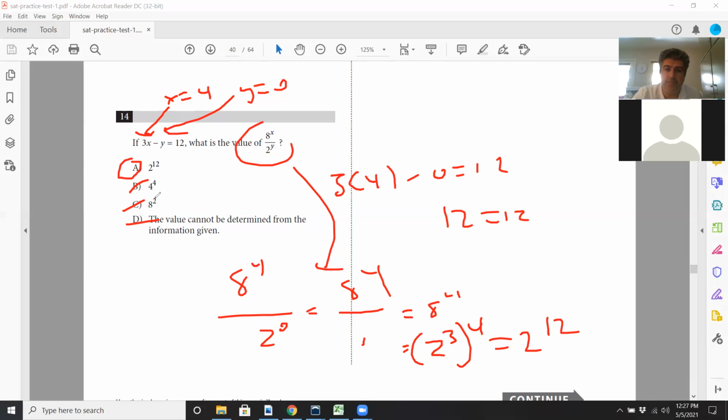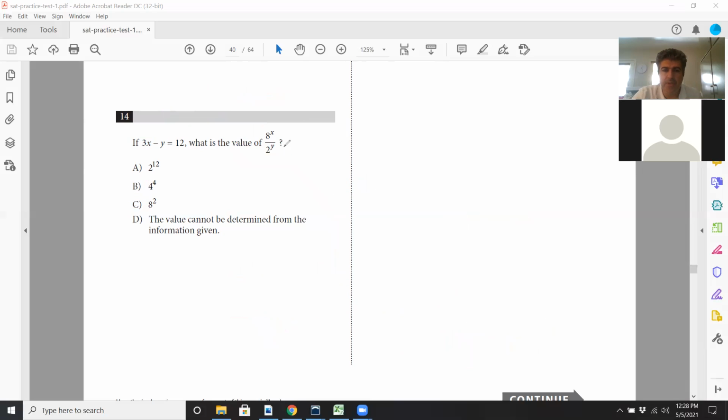And there I go. You could have also approached it algebraically too, and used properties of exponents again.